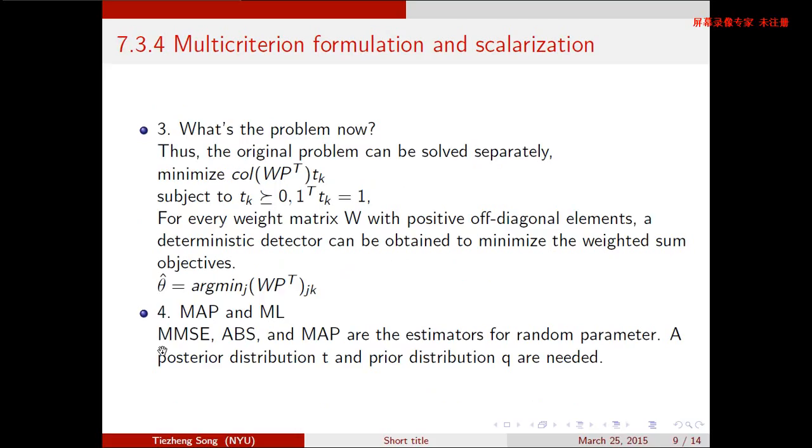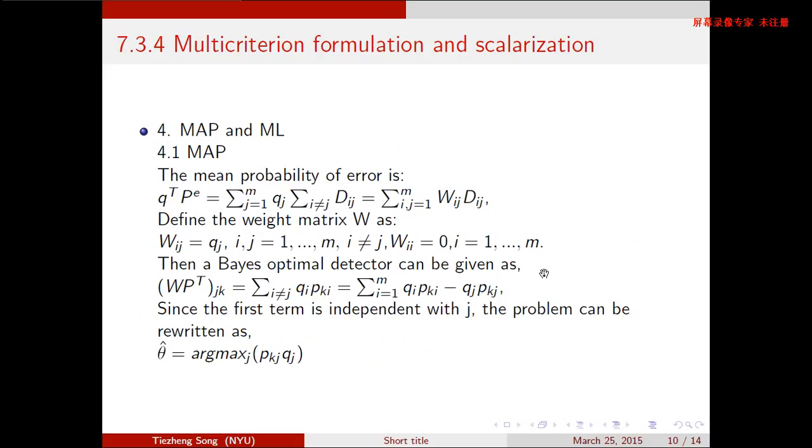The minimum mean square estimator, absolute value estimator, and MAP are the estimators for random parameter. A posterior distribution T and prior distribution Q are needed. So this is the way we find the MAP estimator.